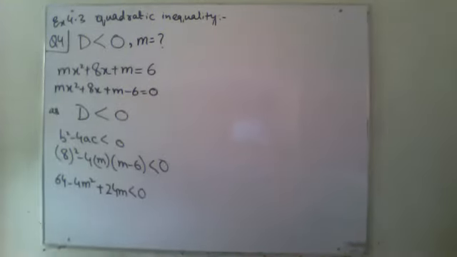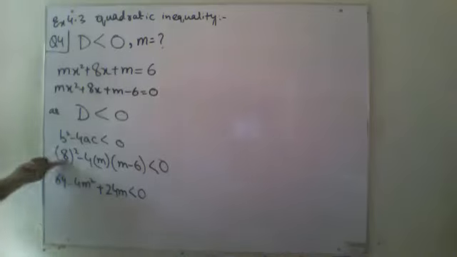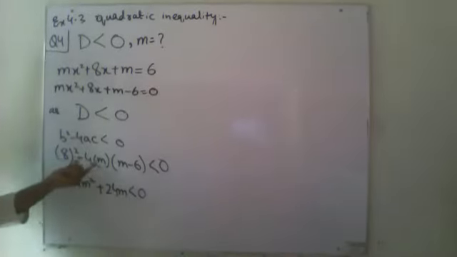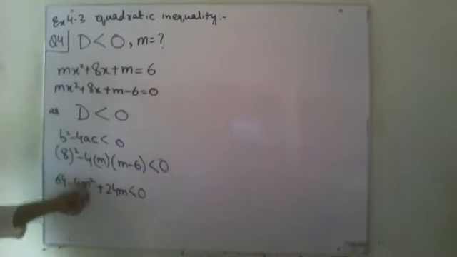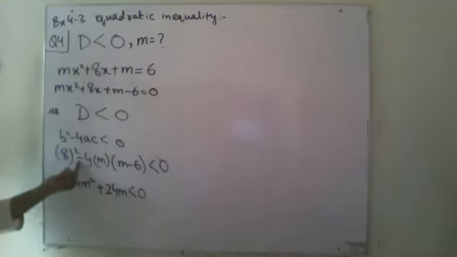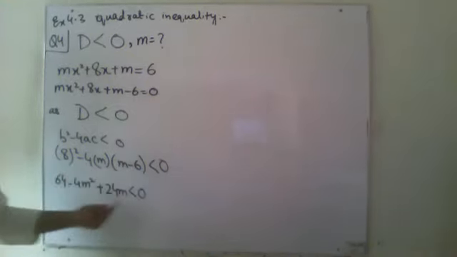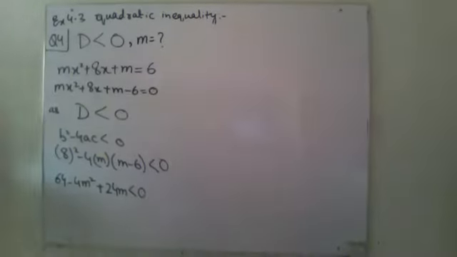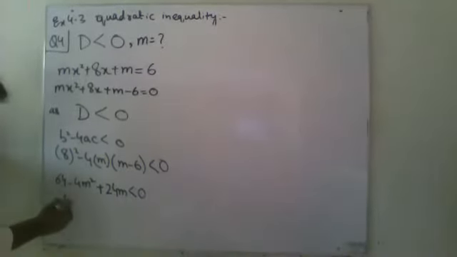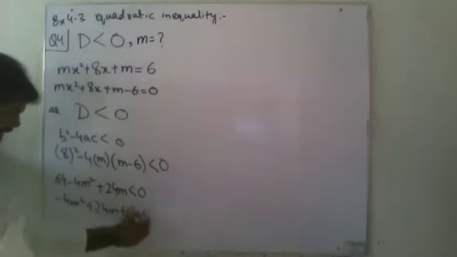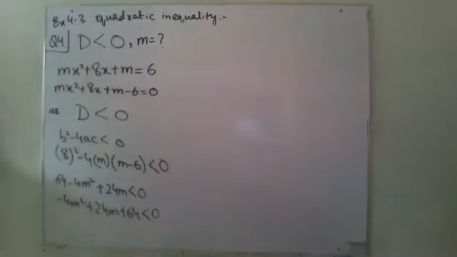Okay, what I have done, 8 square will be 64, minus 4m multiplied by m will be minus 4m square, and minus 4m multiplied by minus 6 will become 24m. Right? So minus 4m square plus 24m plus 64 is lesser than 0. Okay?